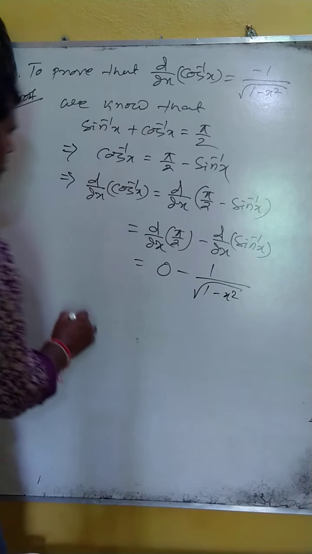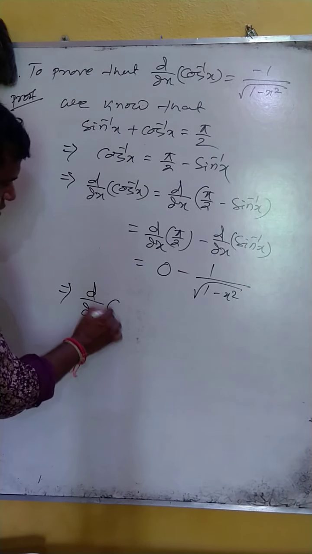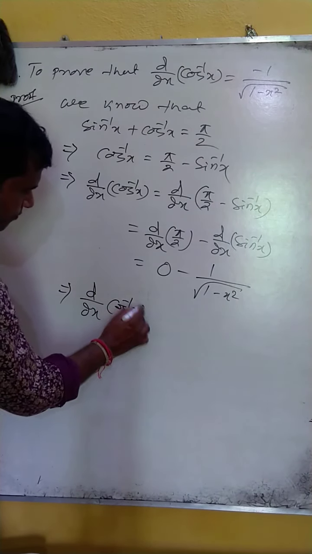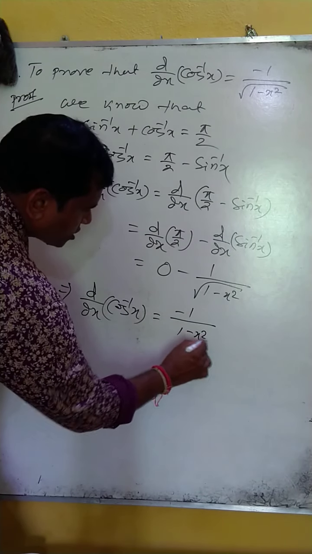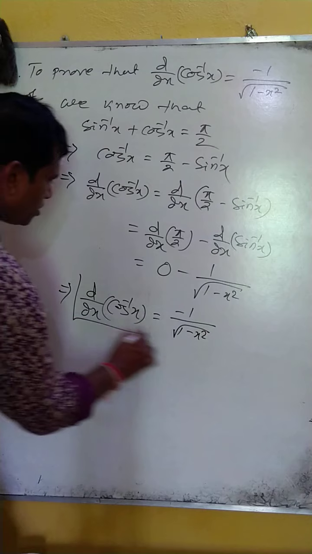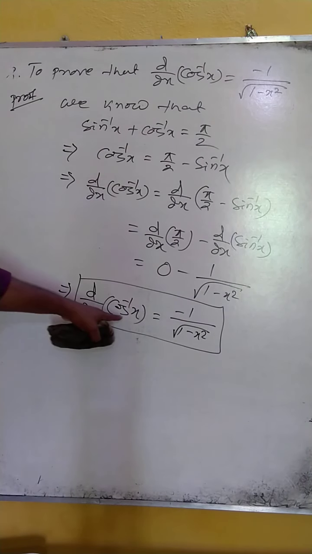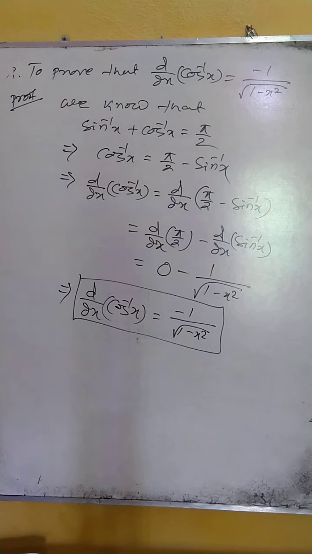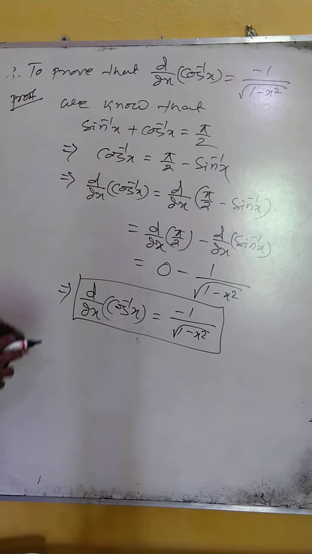Okay, that implies d by dx of cos inverse x is equal to minus 1 by root over 1 minus x square. Okay, that is the derivative of cos inverse x is minus 1 by root over 1 minus x square.